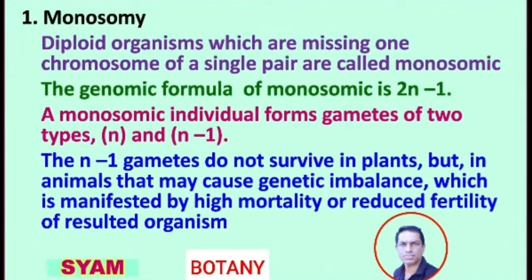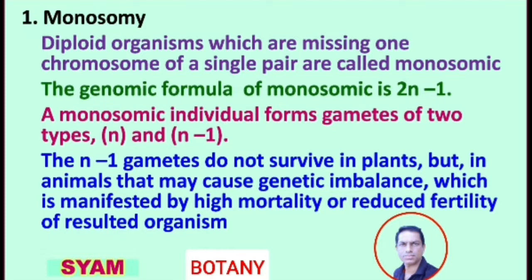The first one, monosomy. Diploid organisms which are missing one chromosome of a single pair are called monosomic.